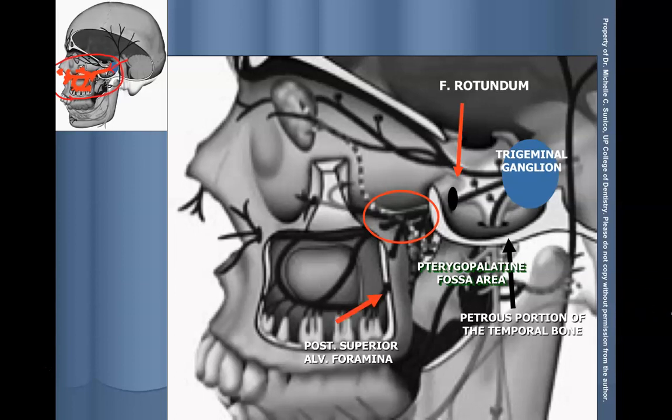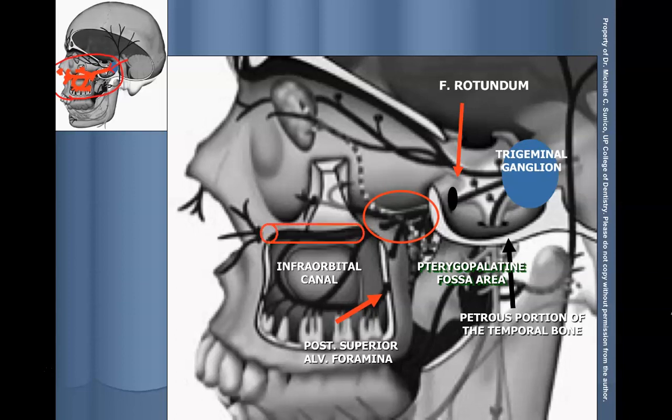This small foramina here, found at the infratemporal surface of the maxilla, if you remember our lecture in the odontoosseous structures, the posterior superior alveolar foramina, which is the entry of the terminal branches of the posterior superior alveolar nerves into the dental canals.